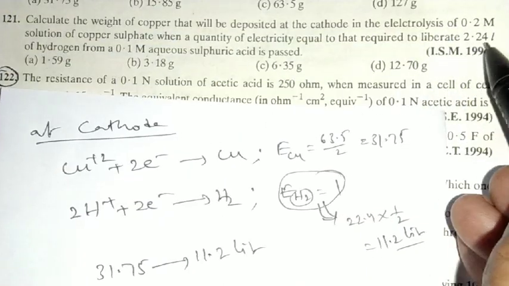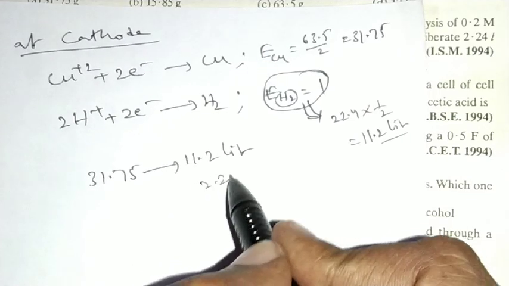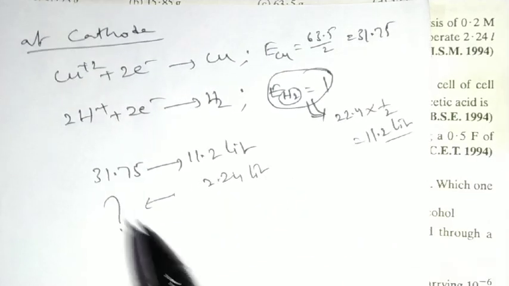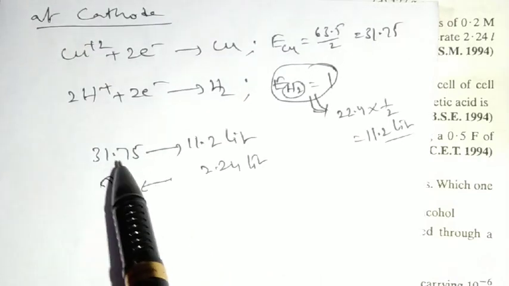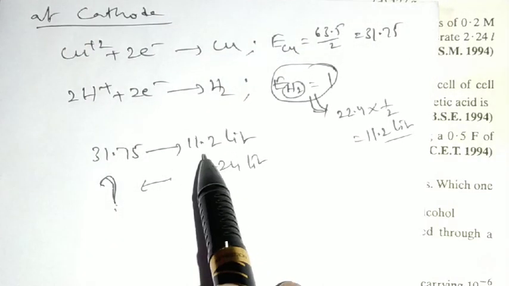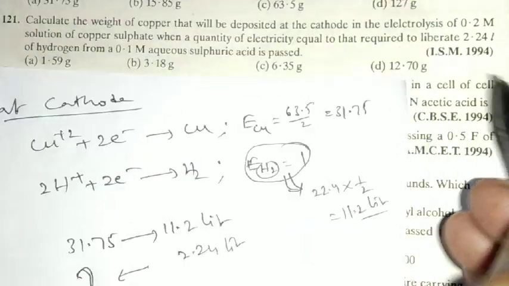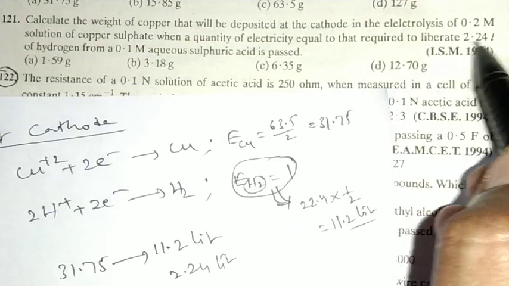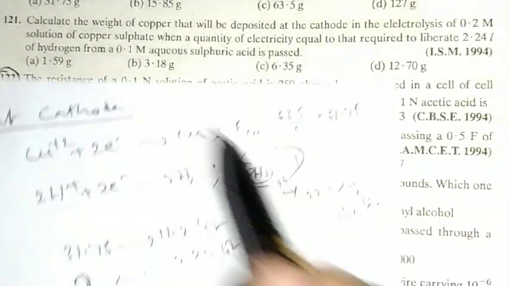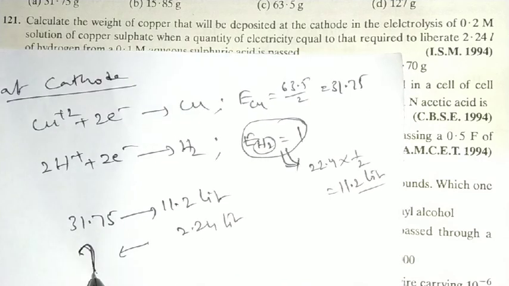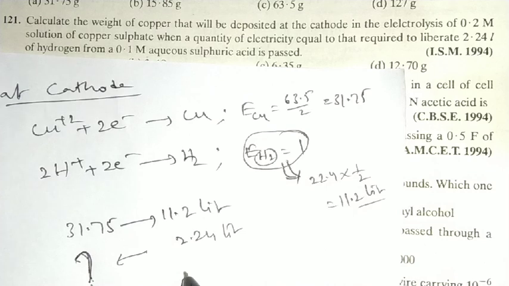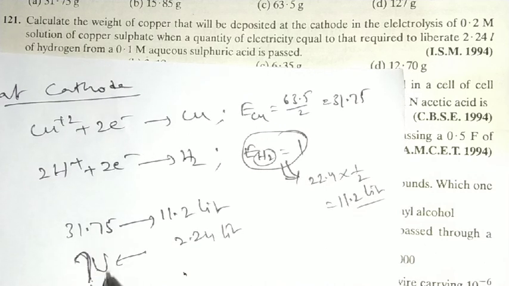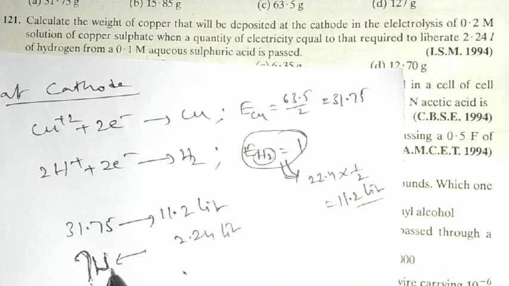Now as per the given question, 2.24 liters, how much weight? So how much copper is it? 31.75 gives 11.2 liters of hydrogen. So if 2.24 liters of hydrogen is present, how much weight is it? If you do the cross multiplication, consider W as the weight of copper.